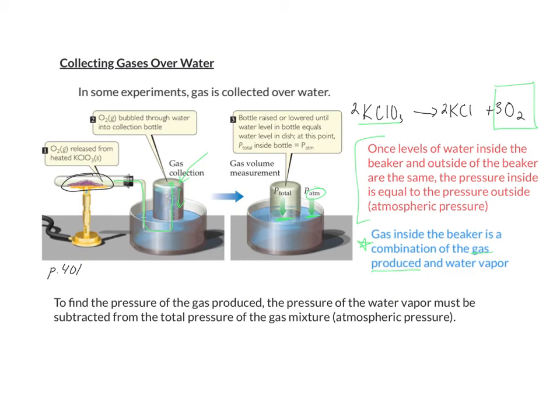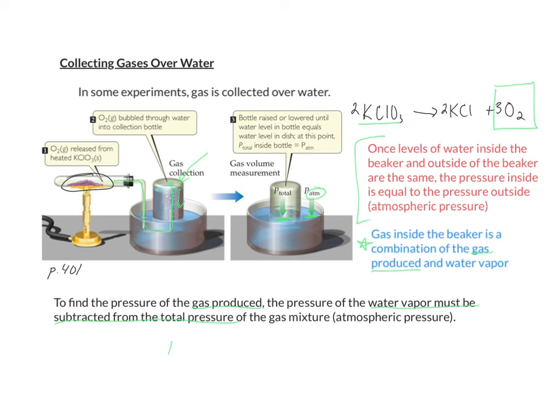So to find the pressure of just the gas we produced, the pressure of the water vapor must be subtracted from the total pressure of the gas, which is equivalent to atmospheric pressure.